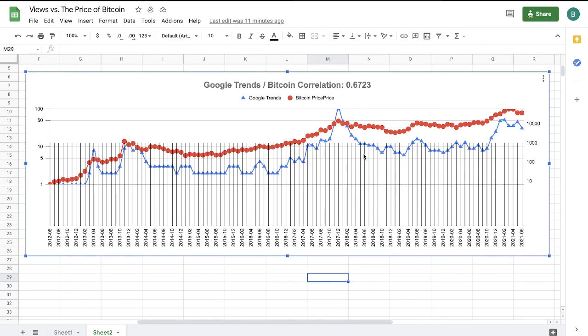In fact, I find it very hilarious that Google Trends is going to be the one to really determine the market cycle top. And I find it impressive that every year you can see more people search Bitcoin every single time. Another thing you can tell from this Google Trends chart is that the bottoms become higher.